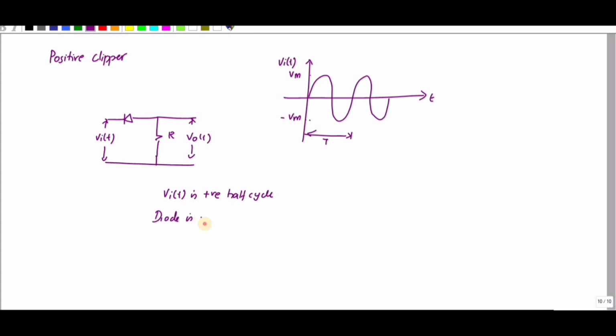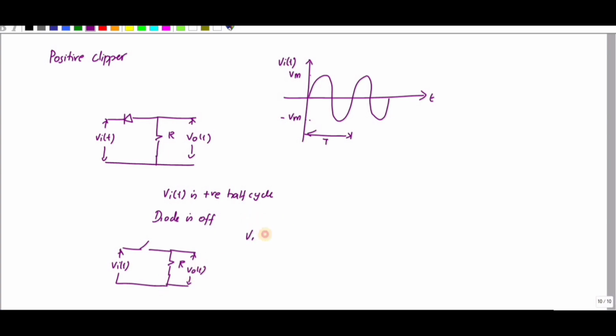This diode is off because this terminal is positive compared to this one, so it becomes reverse biased. The circuit looks like this, and the input will not reach the output.